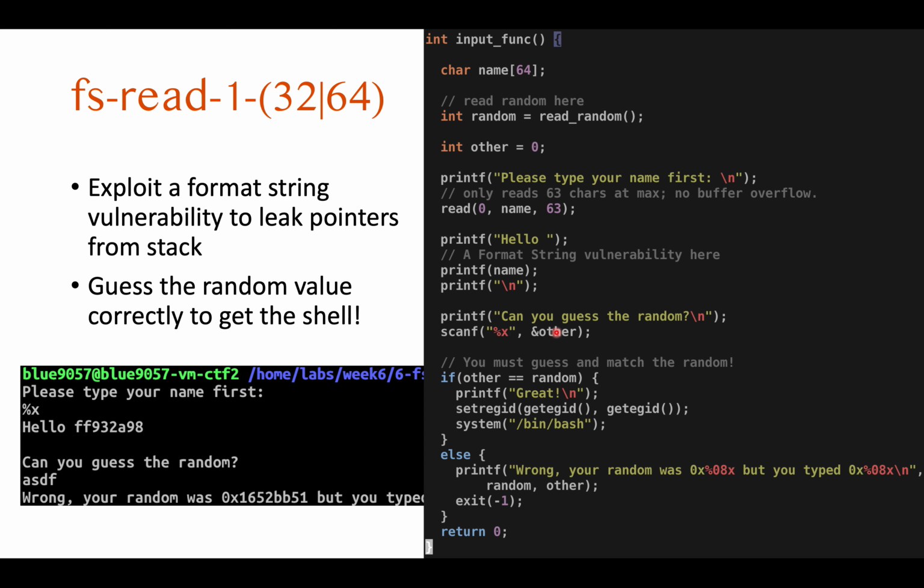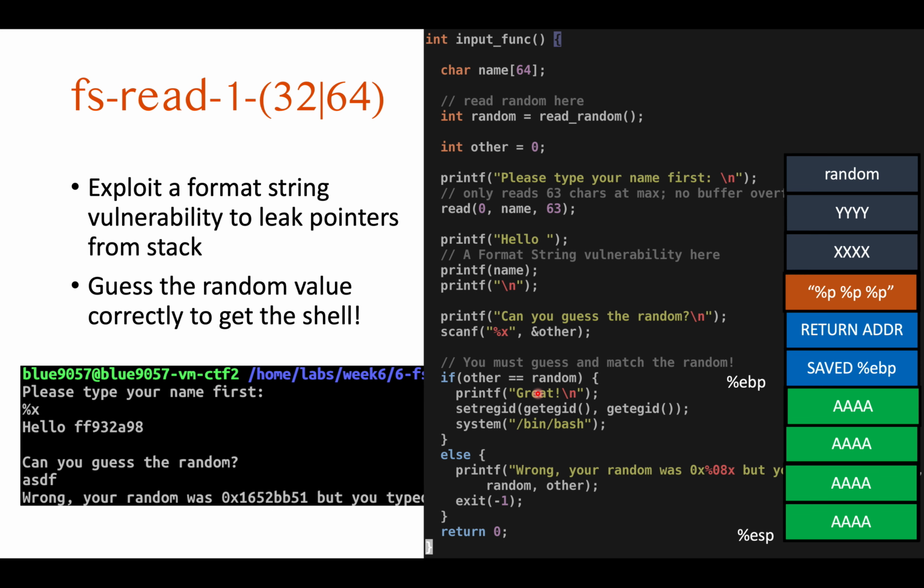It goes to the variable order, and this order must be the same as the random number, which we don't know. Then we get a shell, otherwise we get exit -1. So can you leak the random value and always make the correct guess? That's the challenge. And yes, you can.